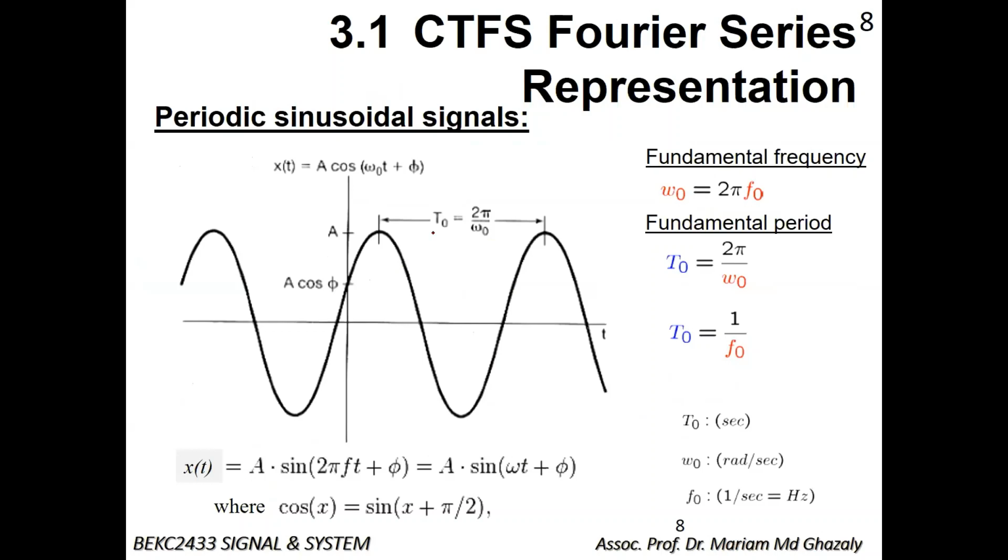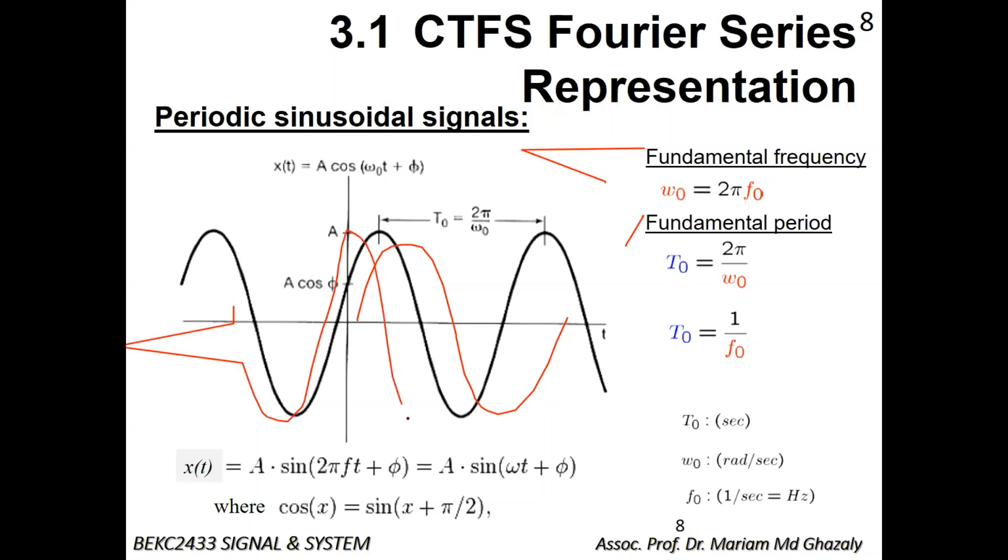This one is just how to calculate the fundamental frequency and fundamental period. I already explained this in chapter 2 before. So let's say that you have this signal. If it starts from here, this is a sine wave signal. If it's being shifted like this, this will be a cosine signal.